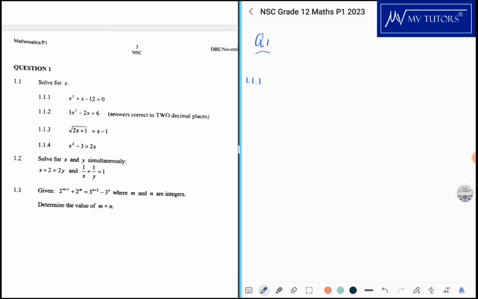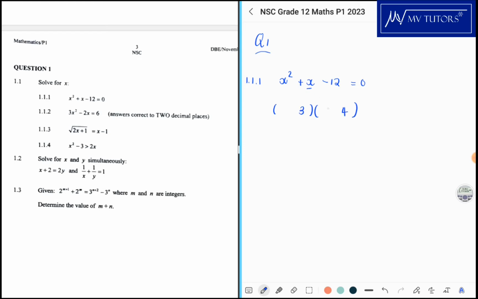So in solving for x, we have a quadratic equation. You can use the quadratic formula or you can just factorize there. Look at the factors of 12: 2 and 6, not so, but if you have 3 and 4, definitely.